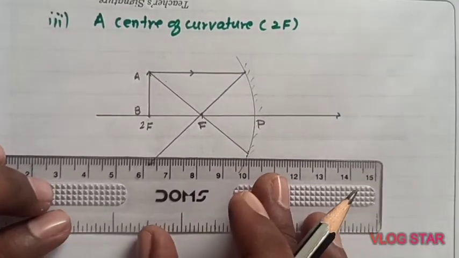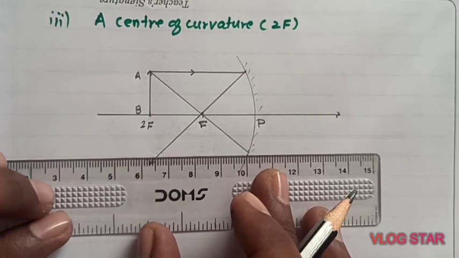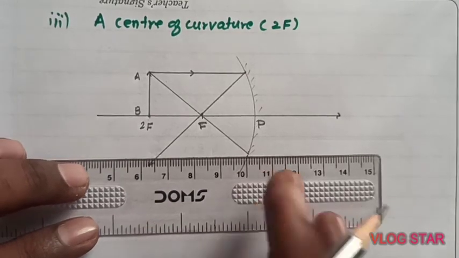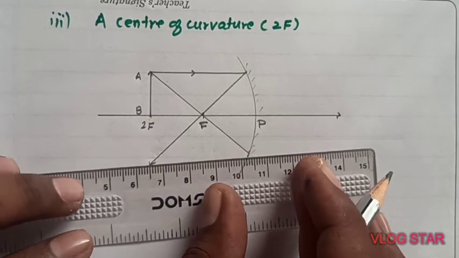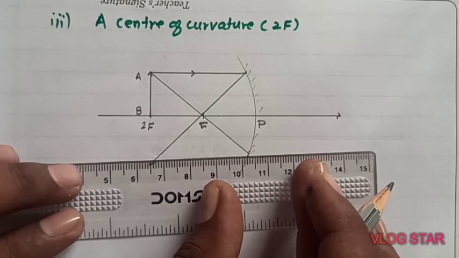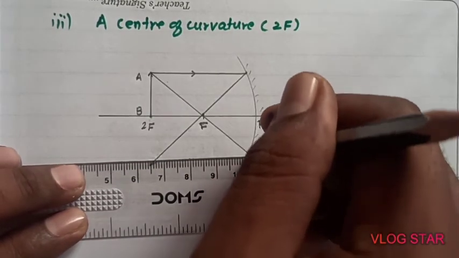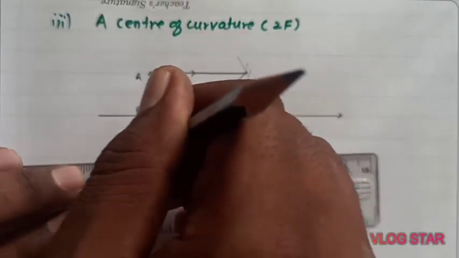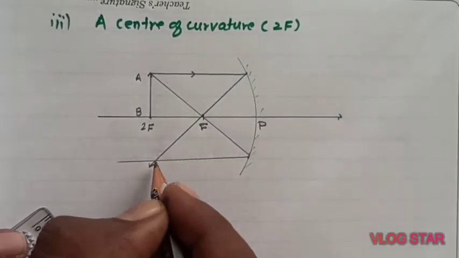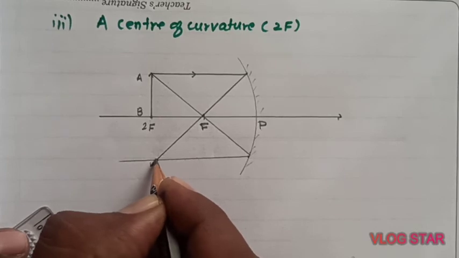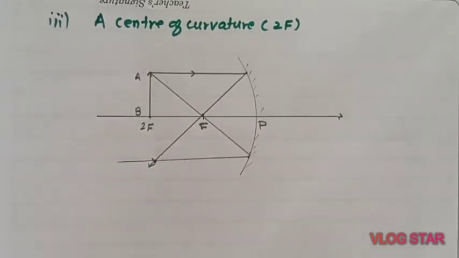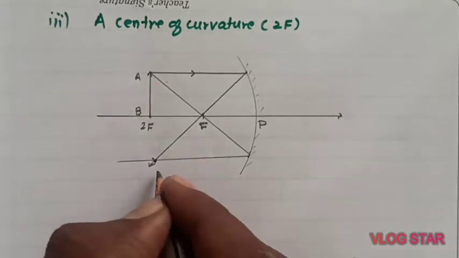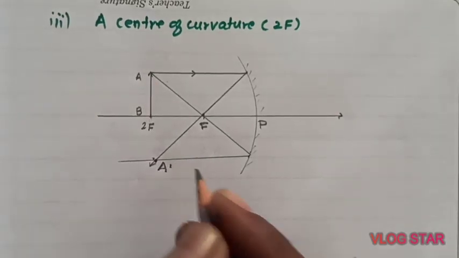Now what will happen? It should reflect back. You have to draw it correctly. This is the point of incidence, so it will get reflected, and we got here a point of intersection. So what do we call that point? It is the image of A, so it is A dash.